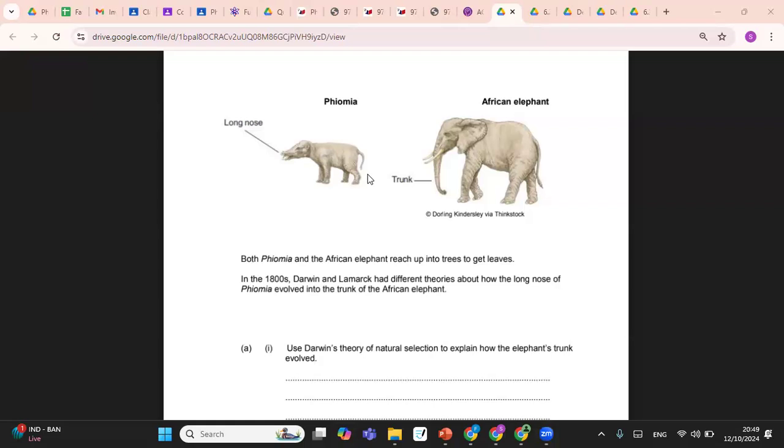The same thing is going to happen over here, right? There is going to be variation among the Fioma. Some Fioma will have longer noses, some will have shorter noses.